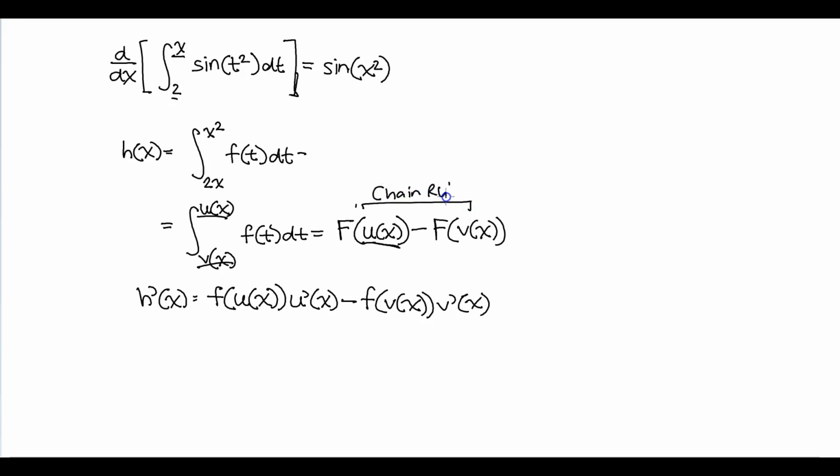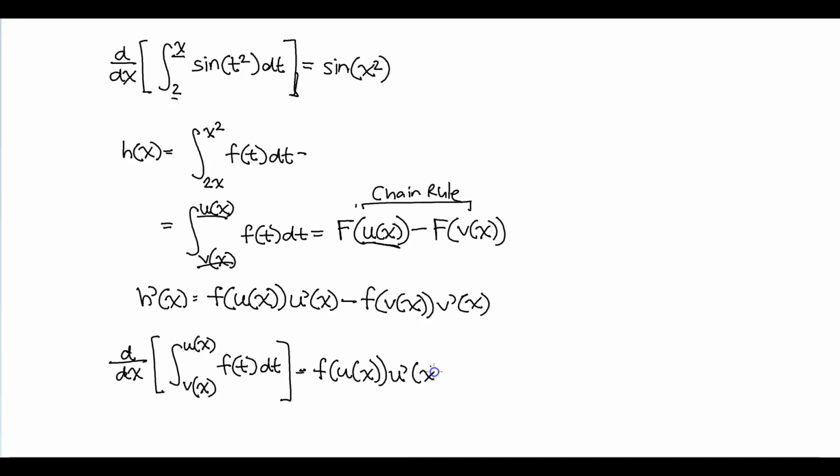Chain rule. So a more general version is that the derivative of a definite integral where the limits are functions of x, the derivative with respect to x of the integral from v of x to u of x of f of t dt, equals f of u of x times u prime of x, minus f of v of x times v prime of x.